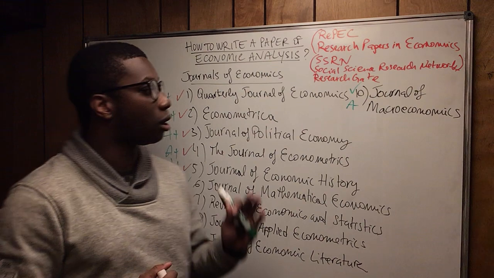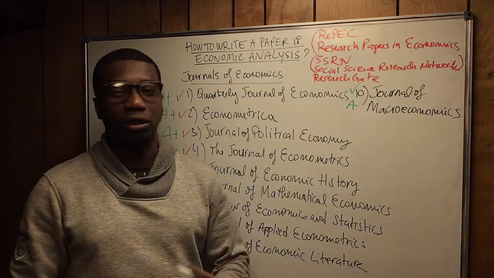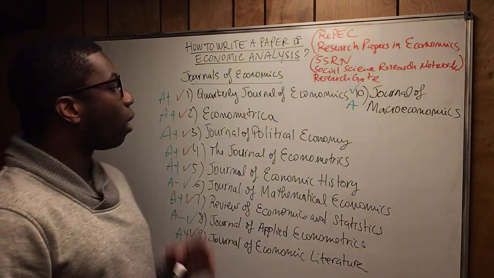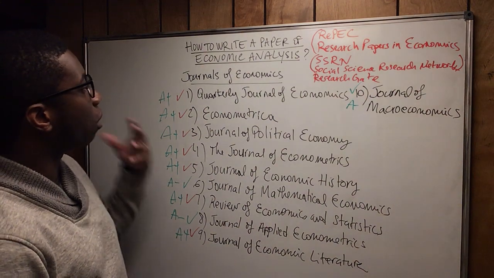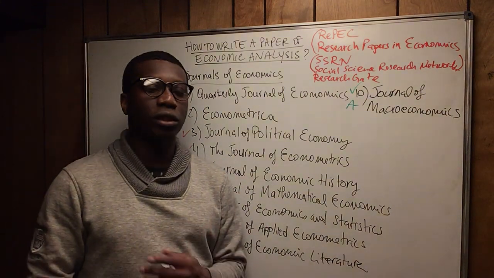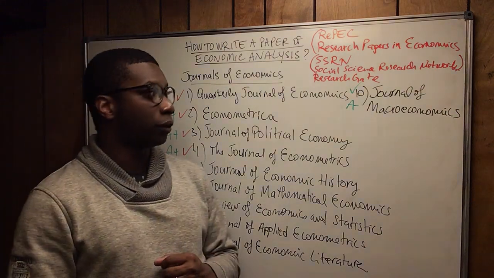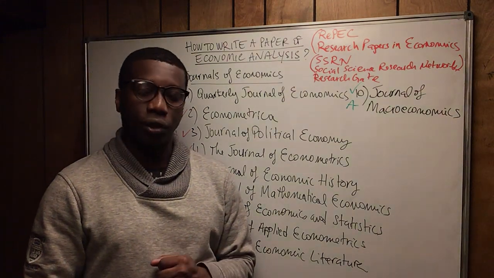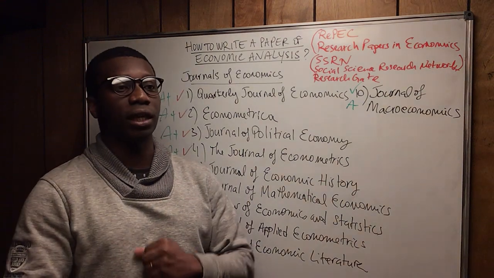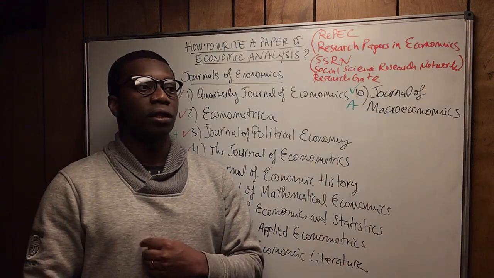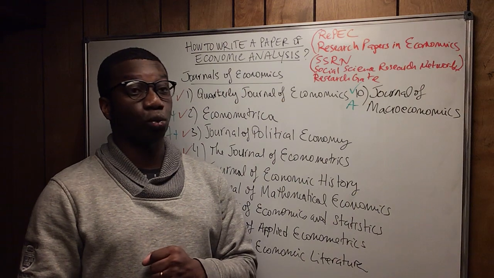So working papers are not journal articles. It's not the same thing. And one last thing I want to mention about journal articles is that the process is extremely rigorous. When you submit a paper for a journal, it will take time. It will take months. Usually journals are pretty fast when it comes to rejecting your papers.